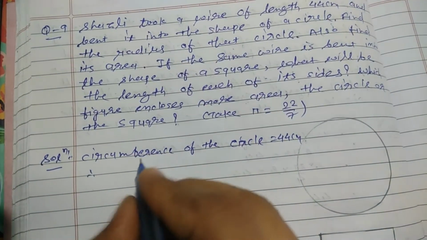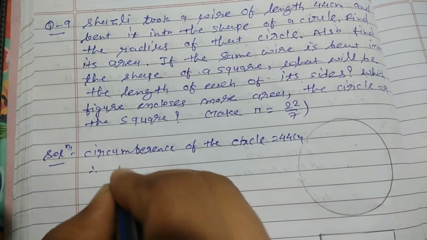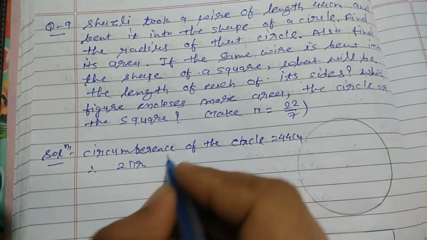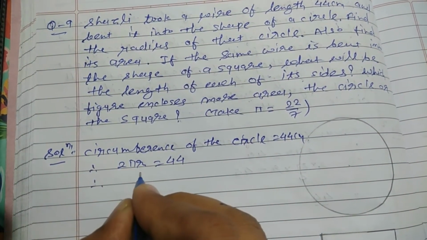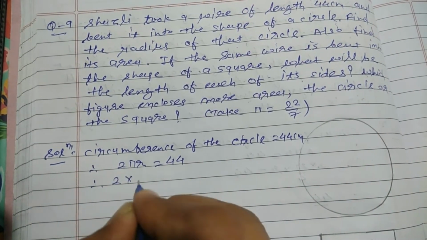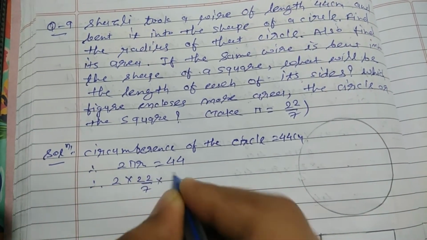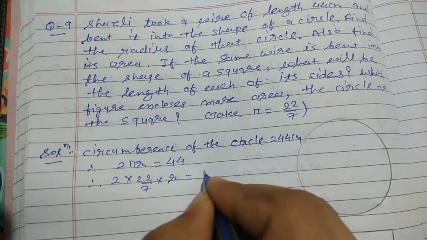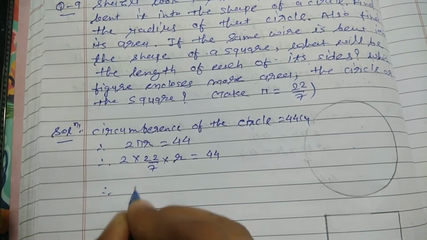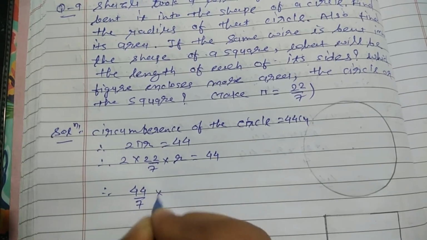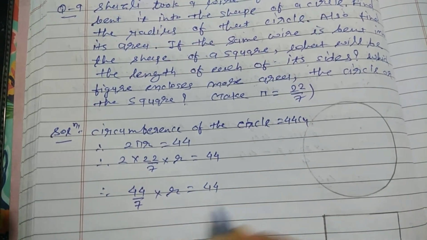Therefore, what is the formula for circumference of the circle? That is equal to 2 pi r, that is equal to 44. We have to take the value of pi, that is 22 by 7, 2 multiplied by 22 by 7 multiplied by r, which we have to find, that is equal to 44. 22 2s are 44 divided by 7 multiplied by r, that is equal to 44.